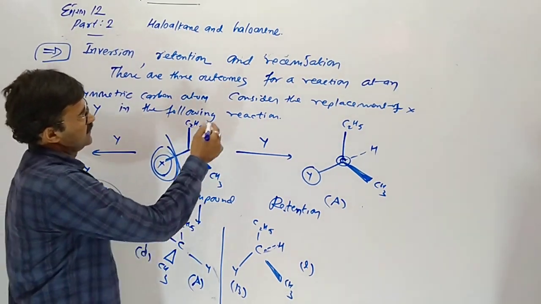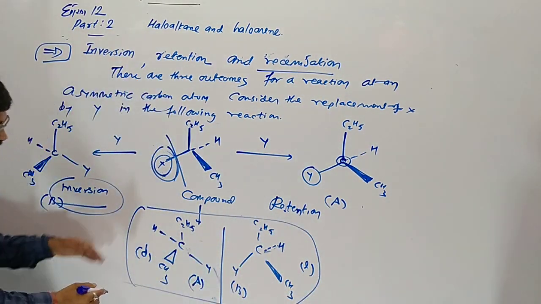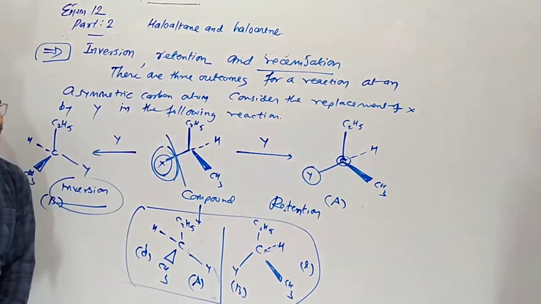This is racemization. 50% occurs from this compound, which is called racemization.